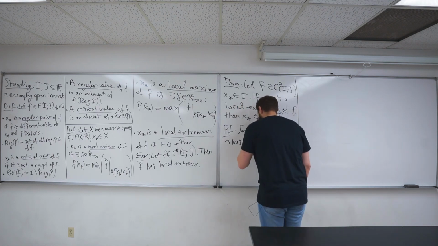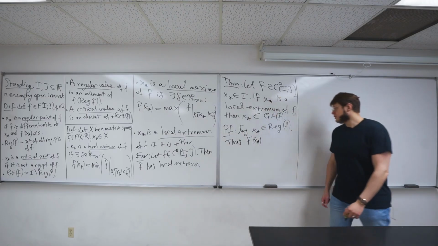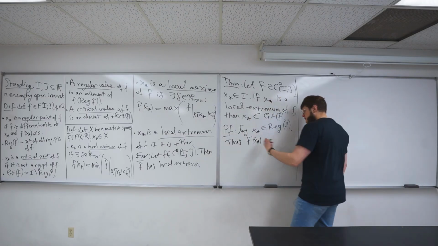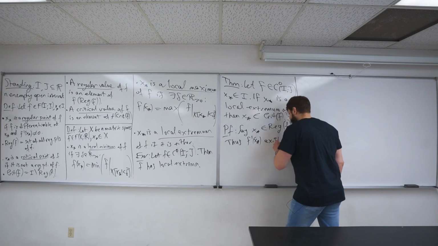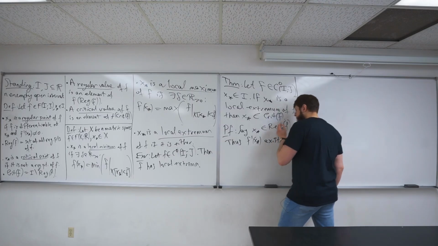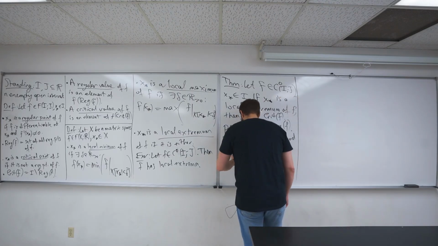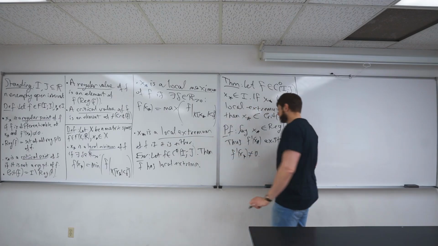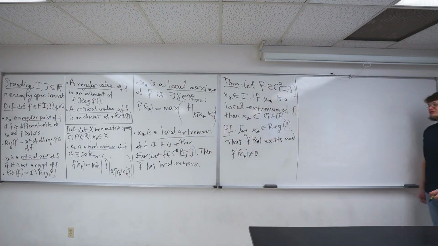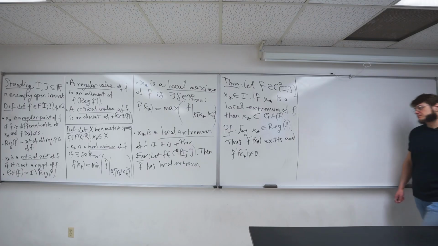Thus, f prime of x star, this number, exists and is non-zero. Without loss of generality, we can just assume that f prime of x star is positive.